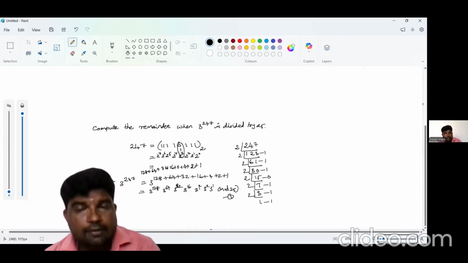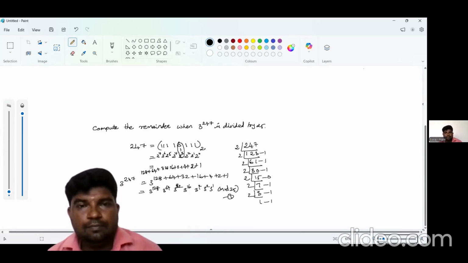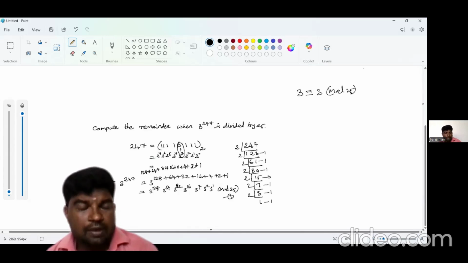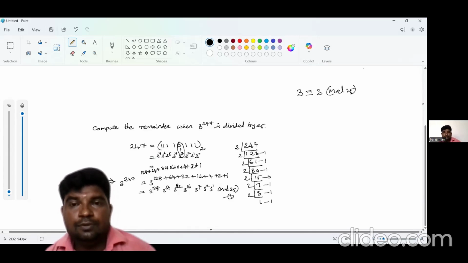So now finding the powers. First, 3 is congruent to 3 modulo 25. Now squaring successively, we get the remainders.